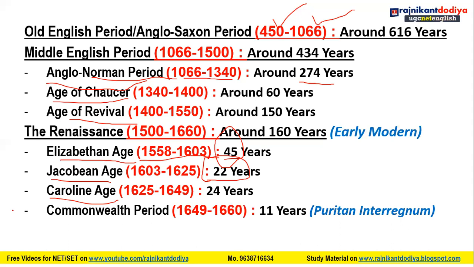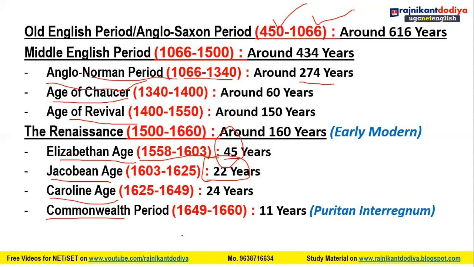This age marked the end of civil war. The civil war which started in the Caroline period ended in the Commonwealth period. And also the execution of Charles I in 1649.